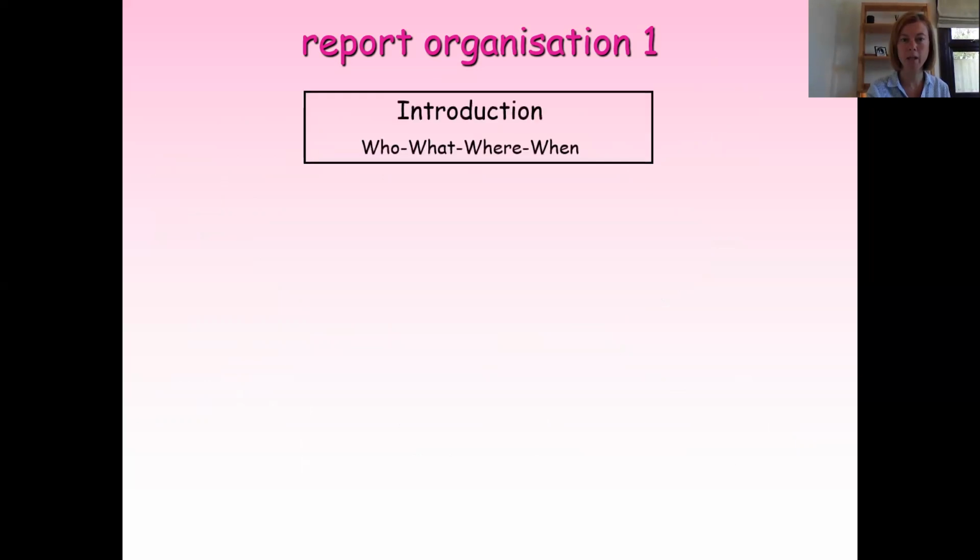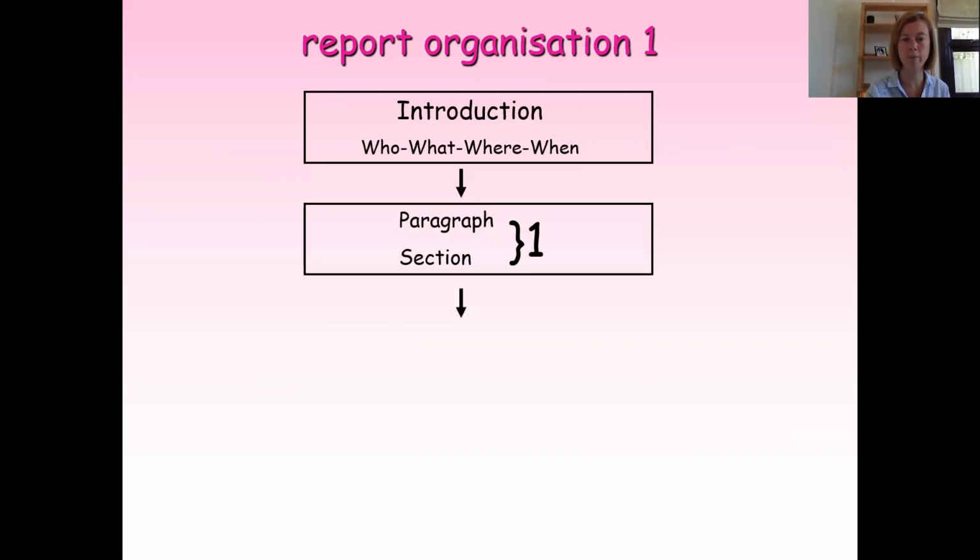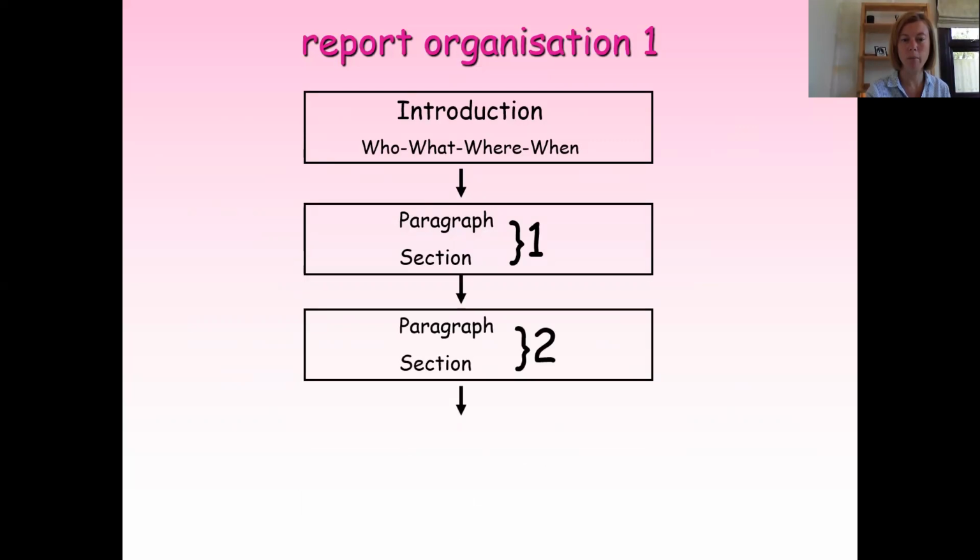Now, the way a report is organised on paper is the first paragraph is an introduction where you state who, what, where and when, if appropriate, and the following paragraphs are all about different types of information about the main topic. So you're going to be writing a non-chronological report about hedgehogs.